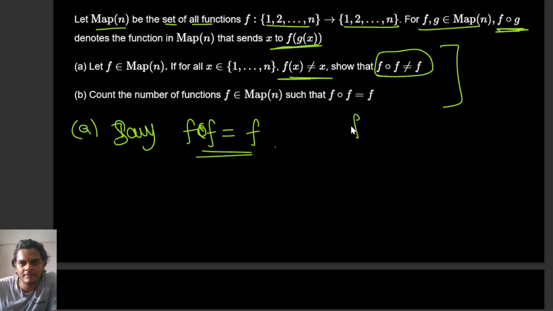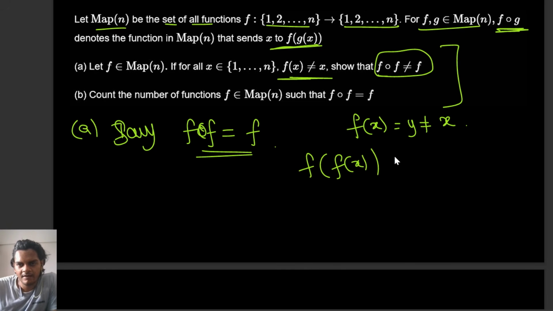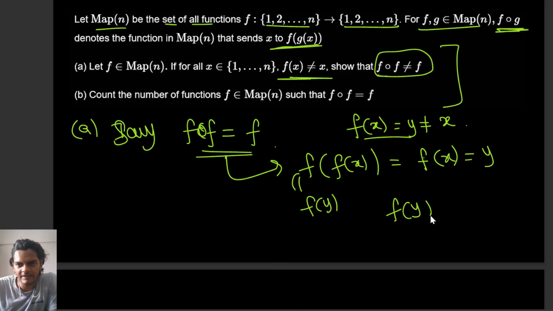And f of x is equal to y, which is not equal to x. But f of x is equal to f of x, right? Because of this. But f of x is equal to f of y, and f of x is equal to y. So we are getting f of y is equal to y.